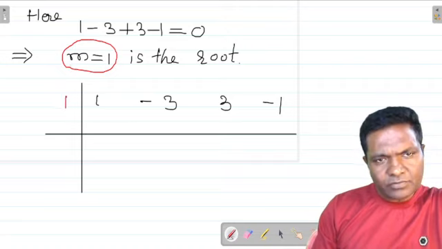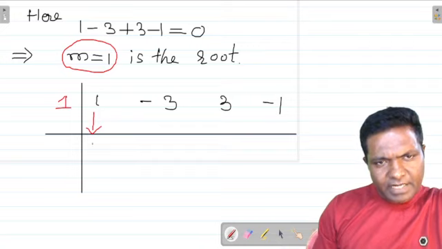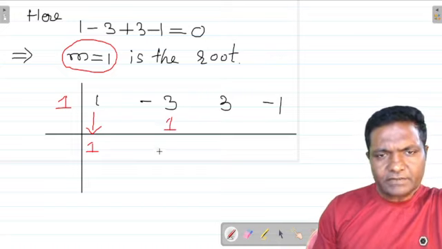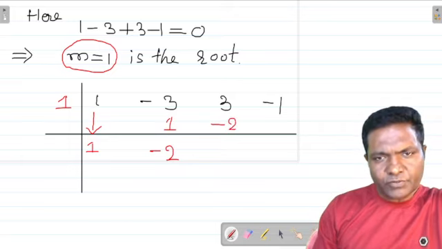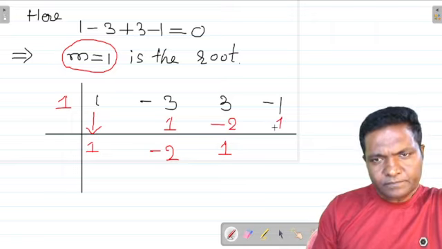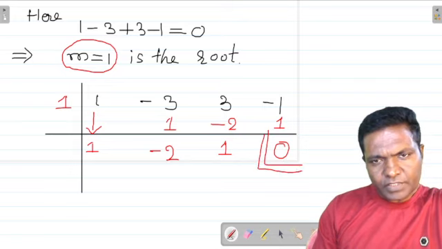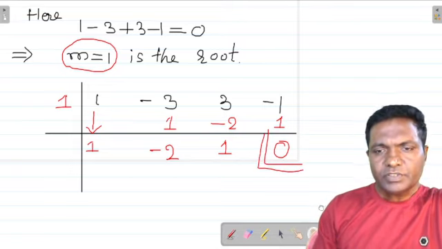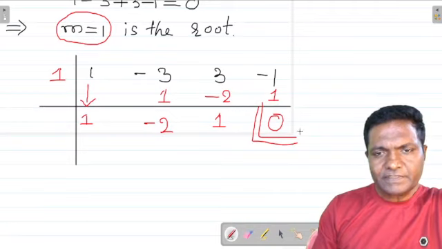You take that root 1 here and bring this number as it is, 1, and go on multiplying. 1 into 1, 1. Minus 3 plus 1 is minus 2. Minus 2 into 1, minus 2. Add this, you will get 1. 1 into 1, 1, and their addition gives you 0. If you get 0 in the last place, then definitely this is the root.